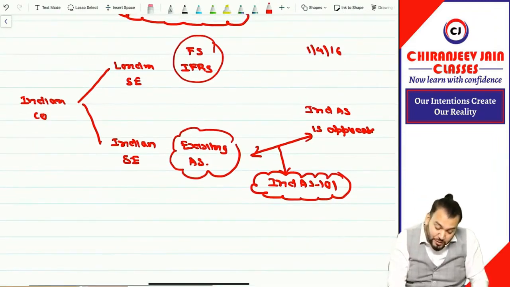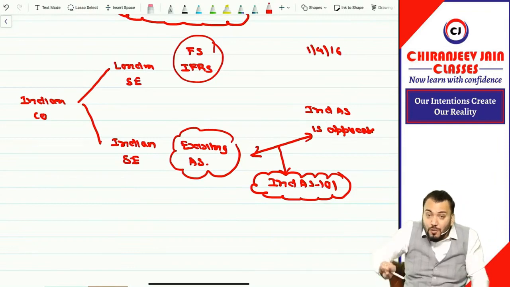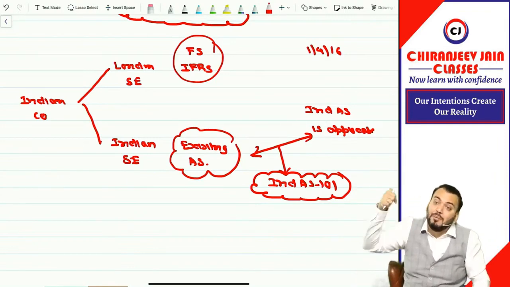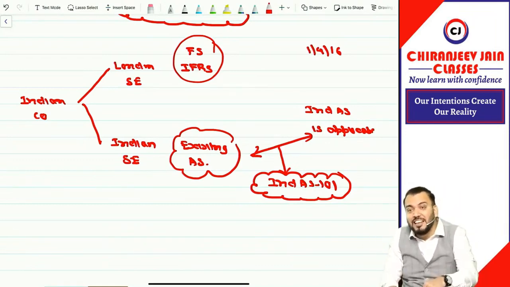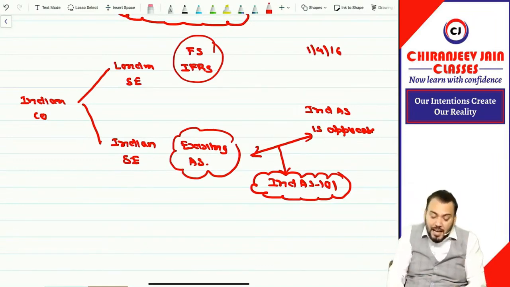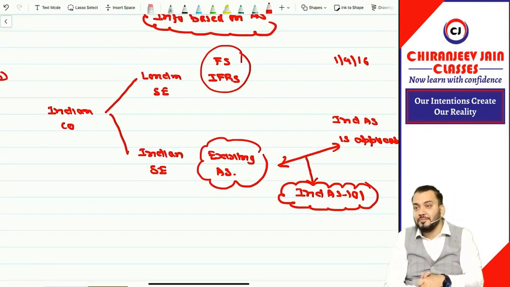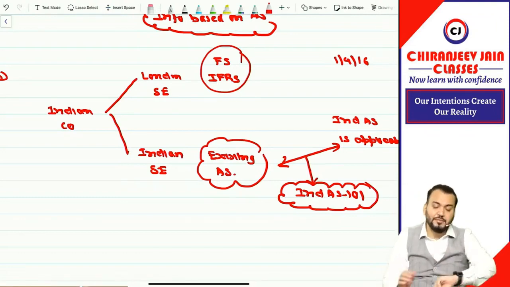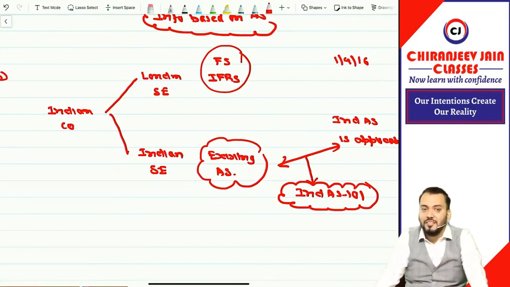You need to change your financial statements already prepared based on AS to financial statements prepared based on Ind AS as per the requirement of Ind AS 101. What is that requirement? We'll discuss under Ind AS 101. Have you understood? Introduction over. Any doubt you can ask me. Have you understood this much?